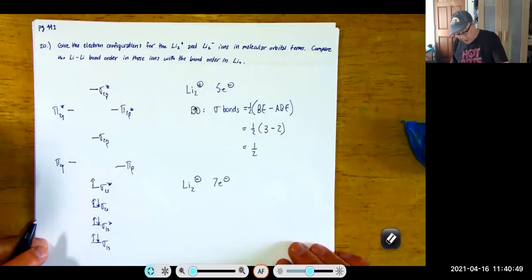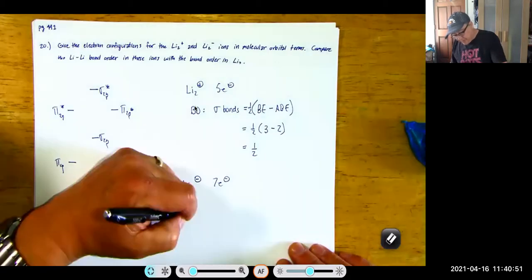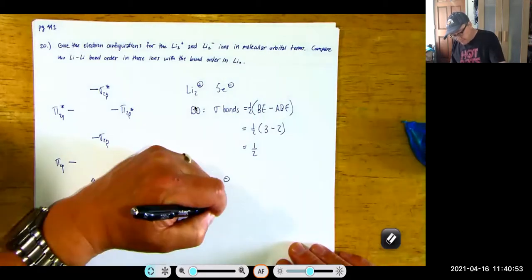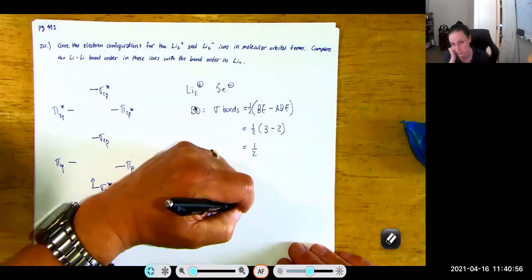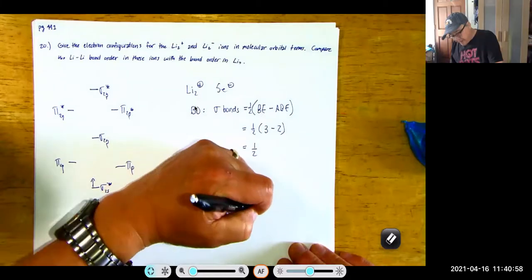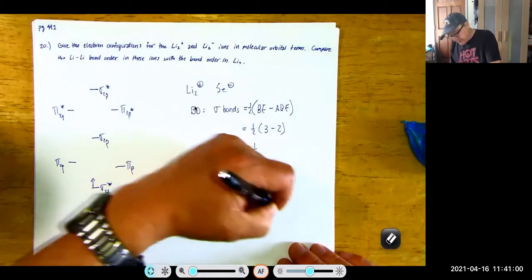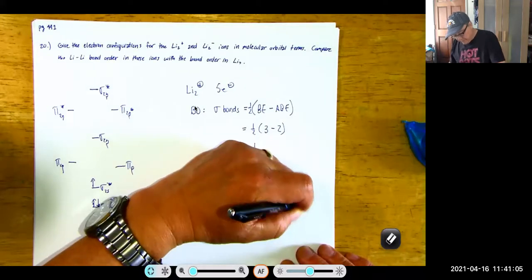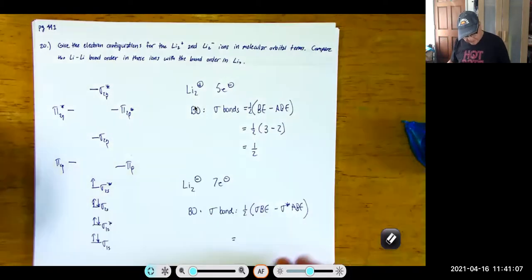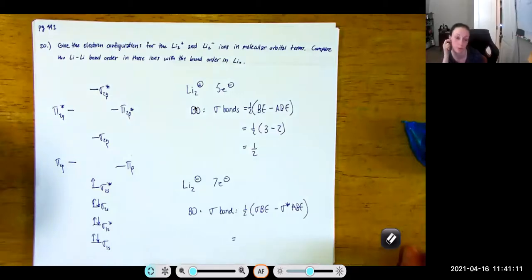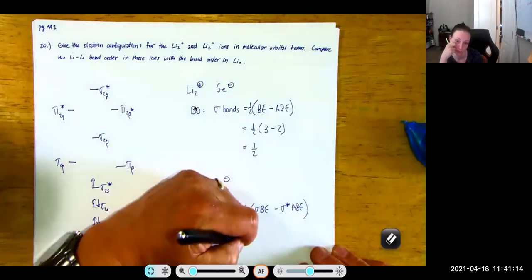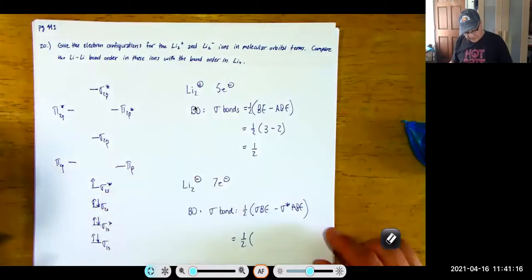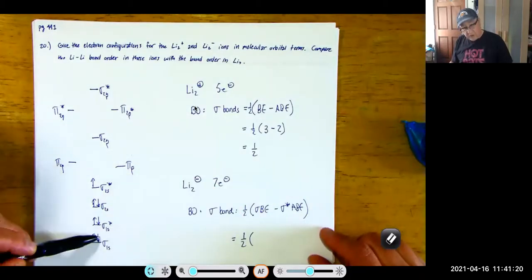So bond order: 1/2 of the sigma bonding electrons minus the sigma star anti-bonding electrons, right? How many bonding electrons? Well, we have 3 full sigma bonds.